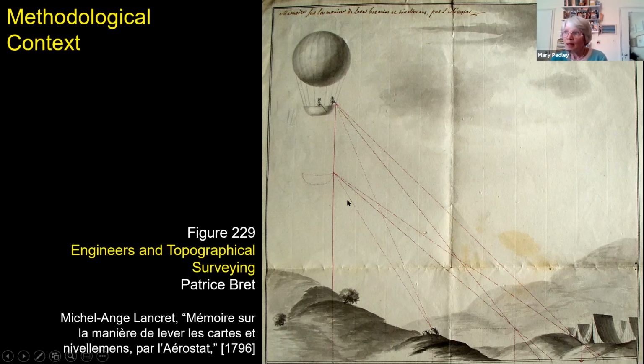And you can see in the drawing that here's the outline of the bucket of the balloon on its way up, and the kind of angles it was able to take with its new sextant. And then when it's up here, and of course it's going to be moving along in the air. And so before photography, it really wasn't the ideal way of doing surveying.